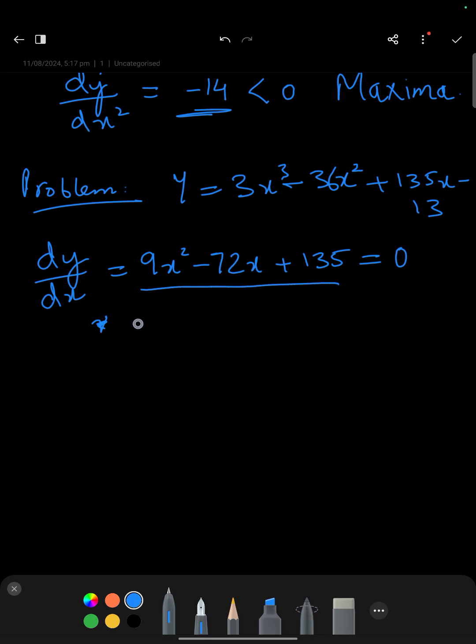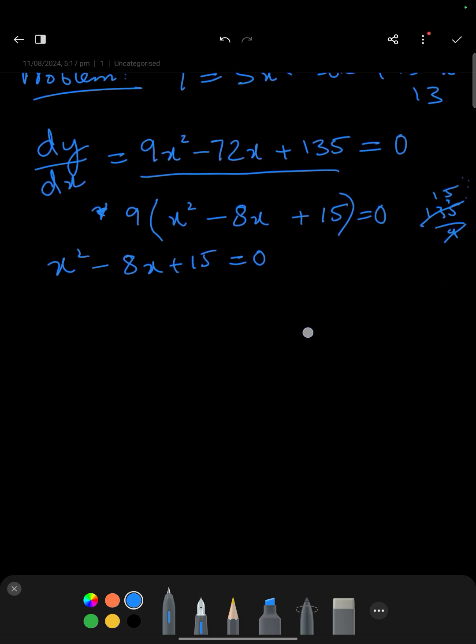Using algebra, we will take 9 common, so we take 9 out: x square minus 8x plus 15, since 135 divided by 9 is 15. So the equation left to us is this.